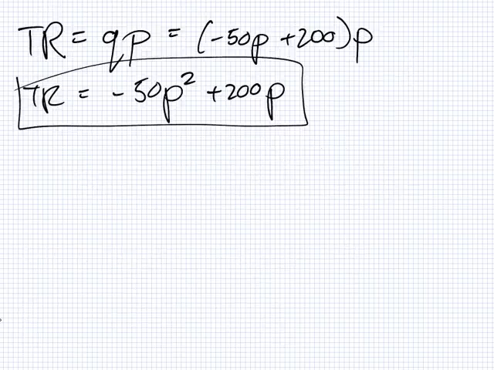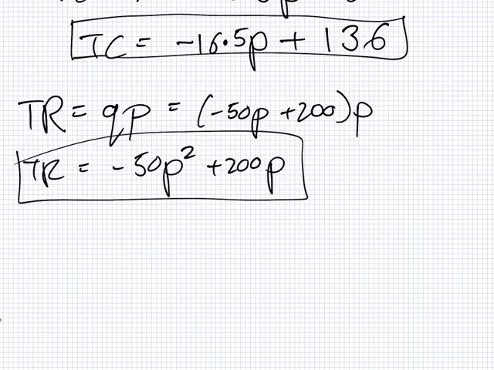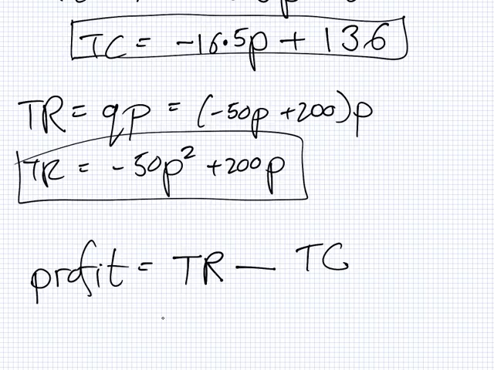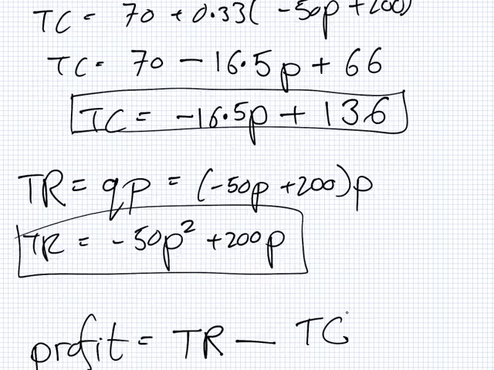Next, what the business really cares about, the profit. How do we get profit? It's the money the business gets in, the sales, minus the cost. That will be minus 50p squared plus 200p minus minus 16.5p minus 136, which is a plus.